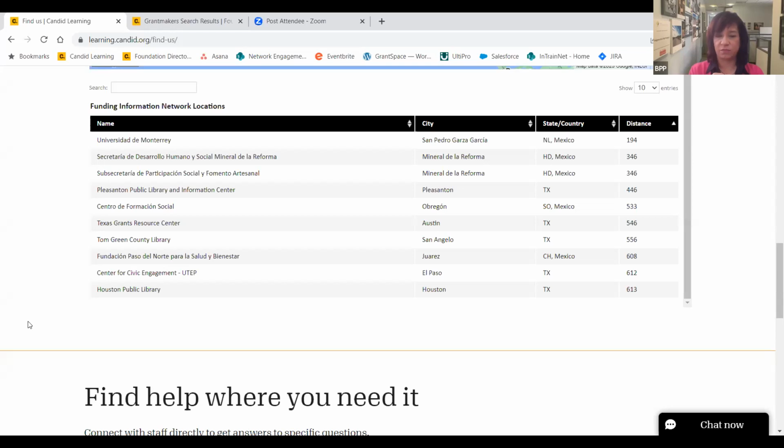También les comentaba por el chat que las organizaciones de Tijuana que quieran visitar el directorio pueden ir a nuestras oficinas en San Diego, en Liberty Station, en las instalaciones de San Diego Foundation.